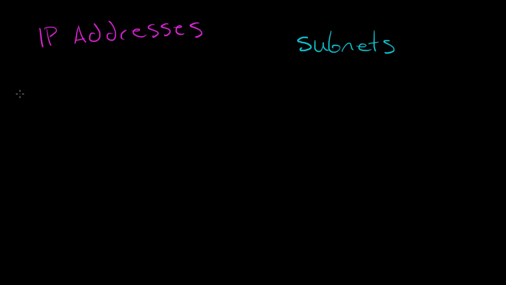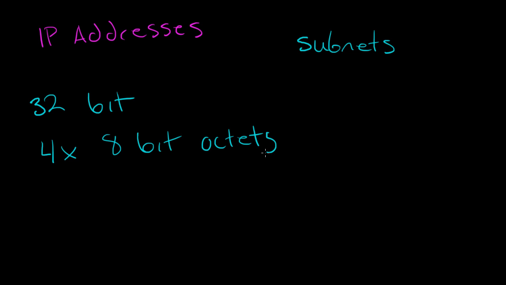To start off with, we'll say that they're a 32-bit string represented by 4 8-bit octets. So as you can tell, we're already going to get to delve into the exciting land of binary conversion to really understand these things.